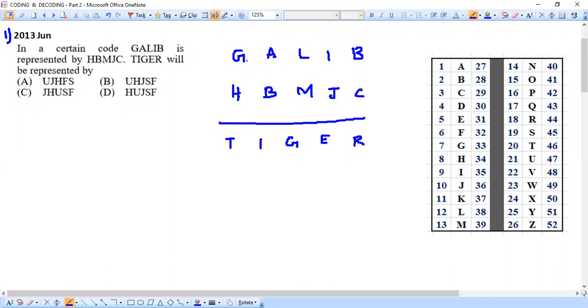If you see the coded word here, we have some different set of letters. Of course, one letter is the same: B here is the same as B there. But the remaining letters are completely different.